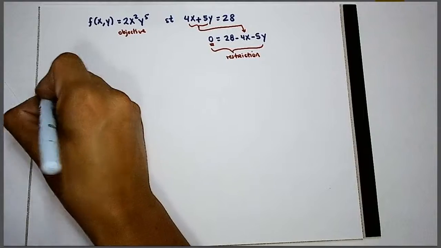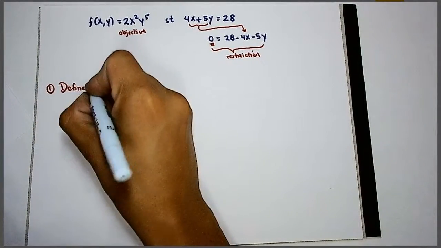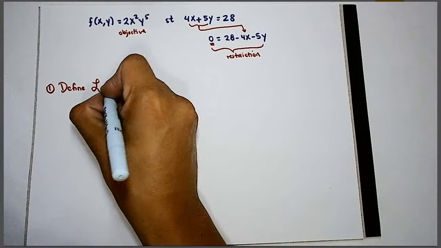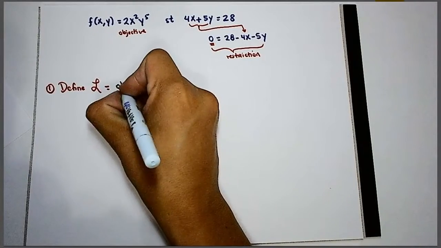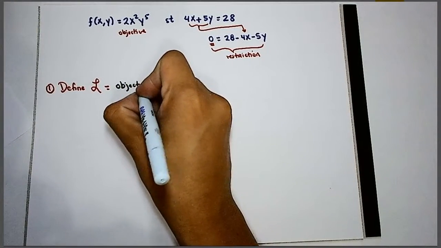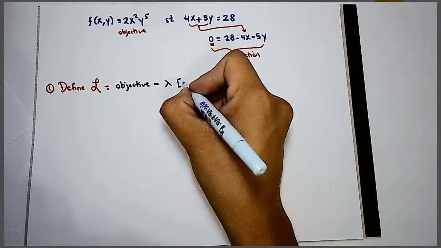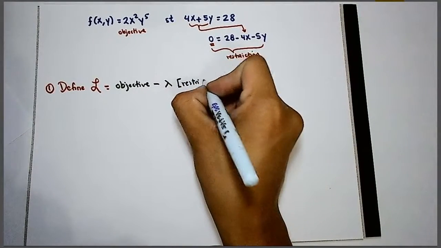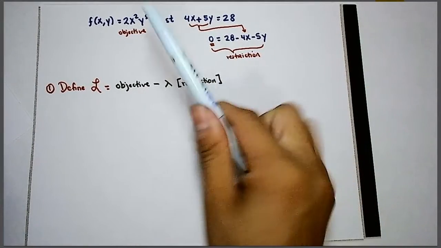Then we will need to define the Lagrange function. And notice the Lagrange function is equal to the objective minus lambda times the restriction. But remember, the restriction must be equal to 0.